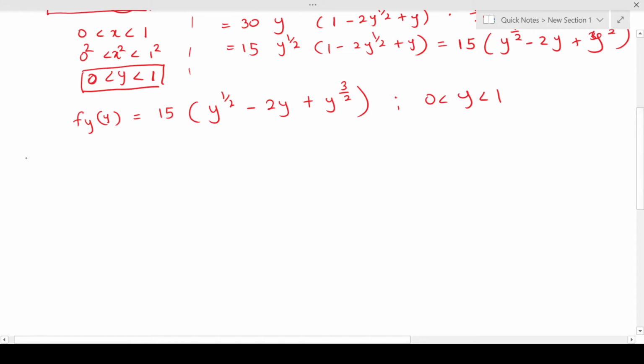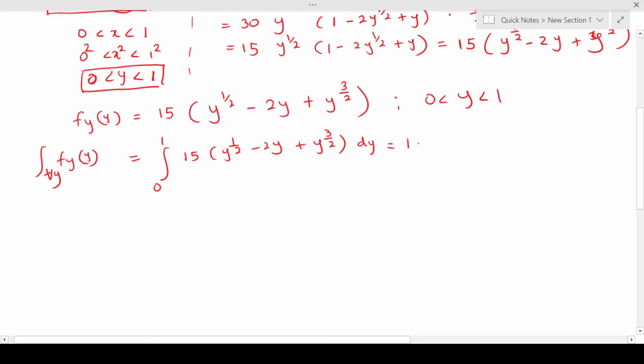Next we have to show that it integrates to 1. For y from 0 to 1, this is the integral of 15 times (y to the power half minus 2y plus y to the power 3 over 2) dy.